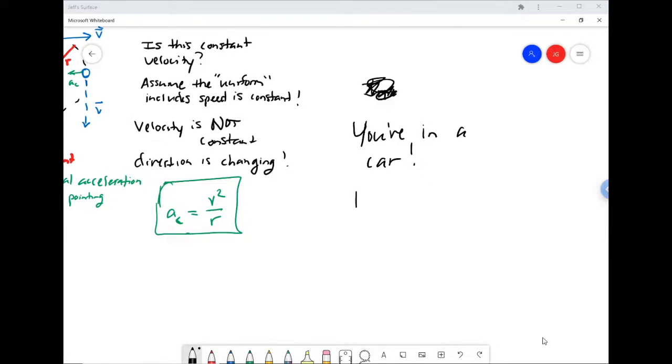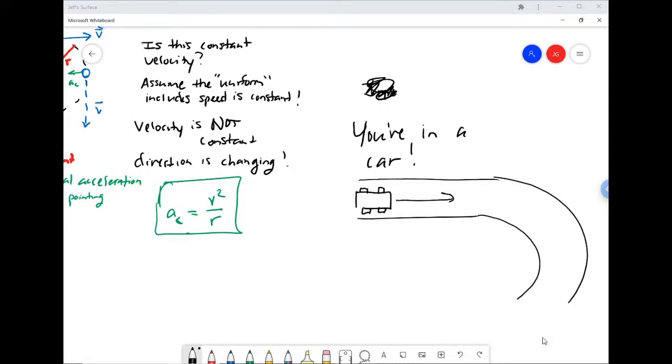This is your car, looking down from above, going down the road. Here's the road, and then the road turns. Your car turns too, but at any moment its instantaneous velocity is tangent to the circular path that it's following.